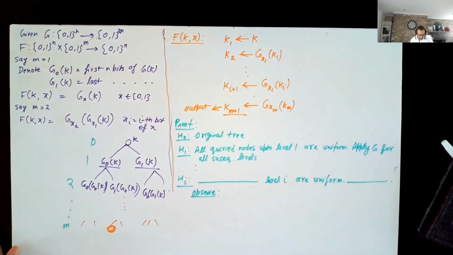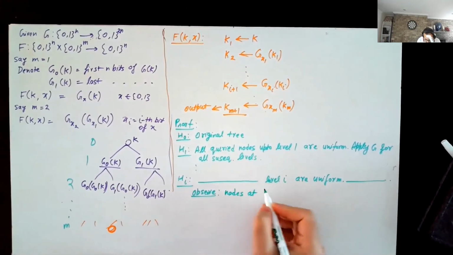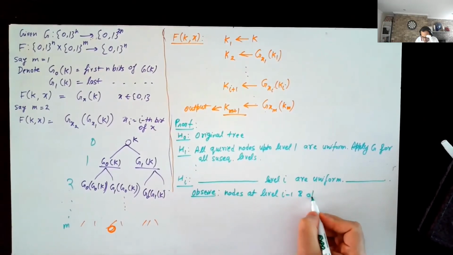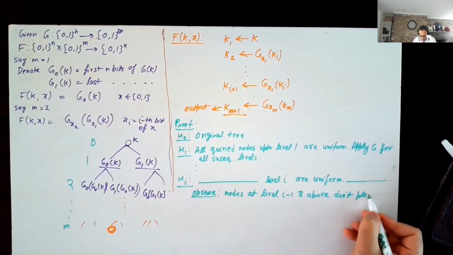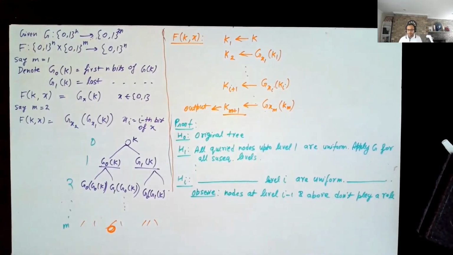Now, something to observe: nodes at level I minus 1 and above don't play a role. Because what is the role of nodes at level I minus 1? You apply PRG and then you get the nodes at level I. But nodes at level I are already uniform here.